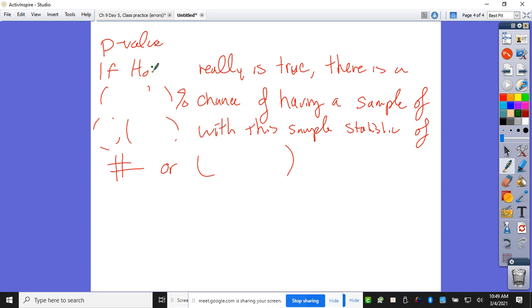This one is, null hypothesis is what? So if that really is true, there is a, can I plug something in here? No, put into the problem of having a sample of, what of these can I write down from that problem? What could go here?